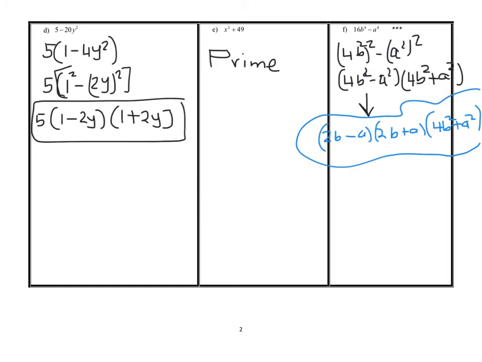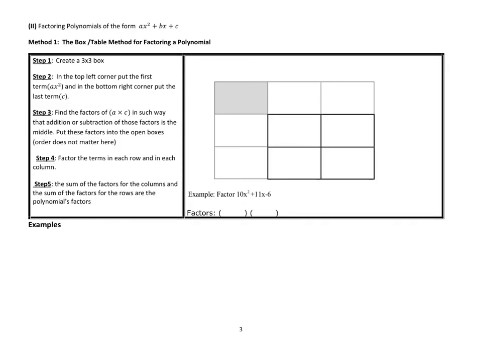Okay, now here we are going to factor polynomials which are of the form ax squared plus bx plus c. And this one, we are told that the coefficient a doesn't matter whether it is 1 or not 1.